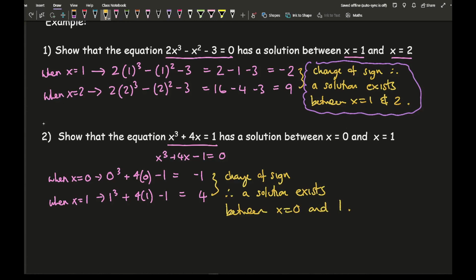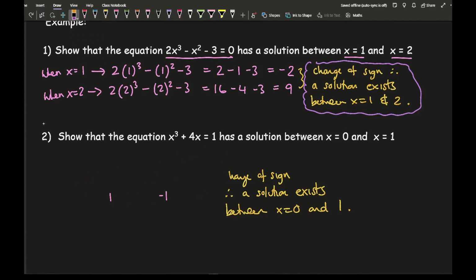Now, one thing that you might also want to consider: in terms of making it equal to 0, although it's good practice for you to do that, particularly with certain equations, you don't necessarily have to. Now, if I just get rid of all of this, and let's say I didn't make it equal to 0, then basically what you're therefore doing is not looking for that change of sign, and instead you're looking for a solution that is between 1.